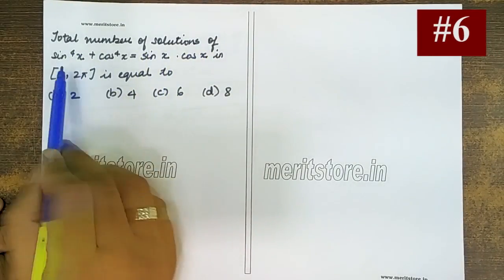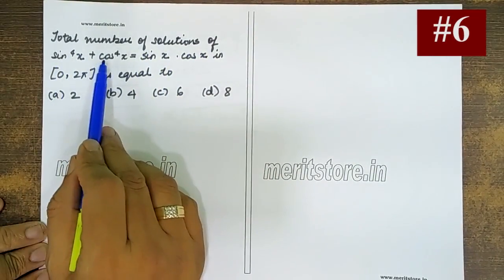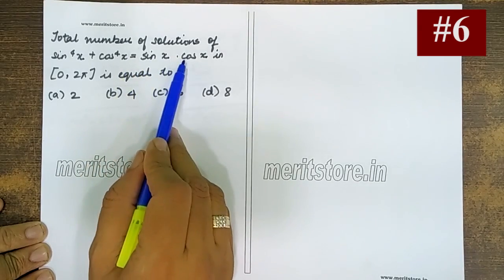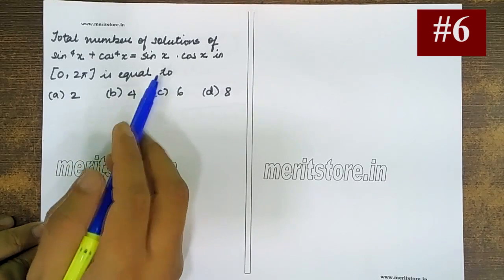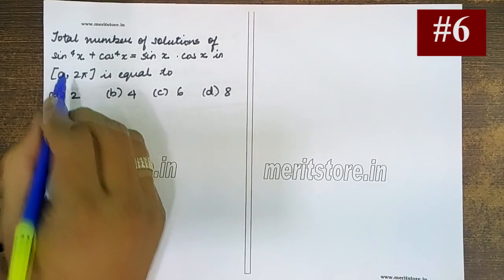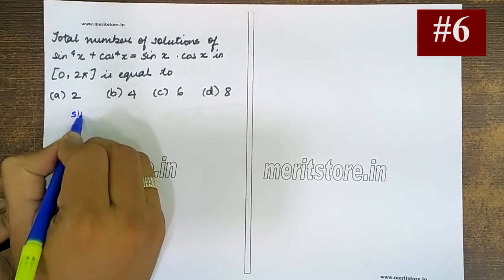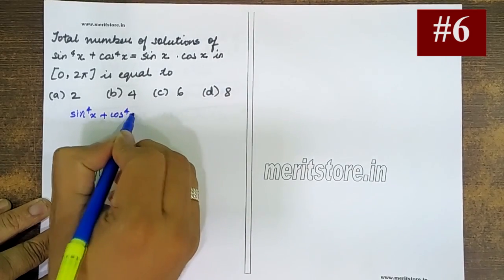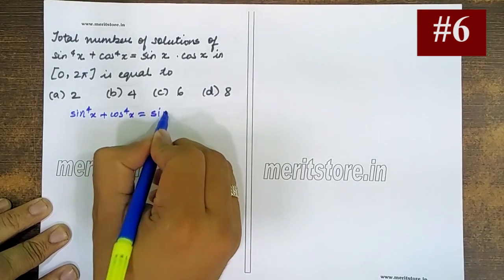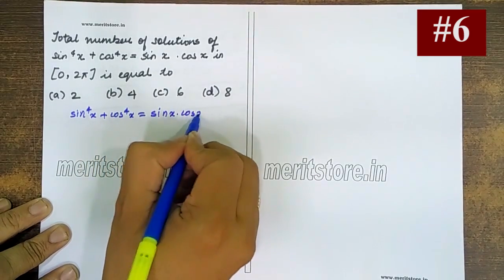Total number of solutions of sin raised to 4x plus cos raised to 4x is equal to sin x into cos x in the interval 0 to 2 pi is equal to. Now we'll start with the given condition. Sin raised to 4x plus cos raised to 4x is equal to sin x into cos x.